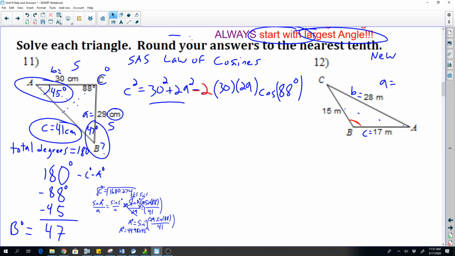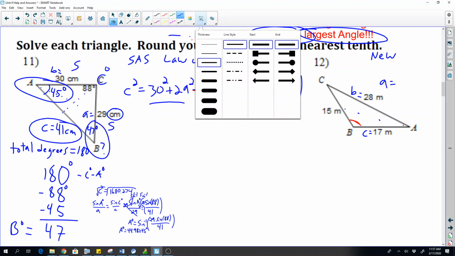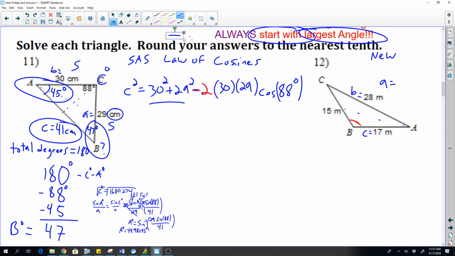Cool. Okay, so now we're going to go ahead and use the law of cosines for number 12. Okay, so now we're going to start with the largest angle.